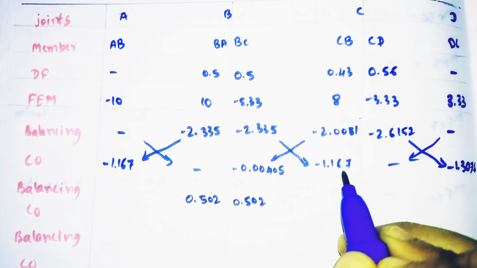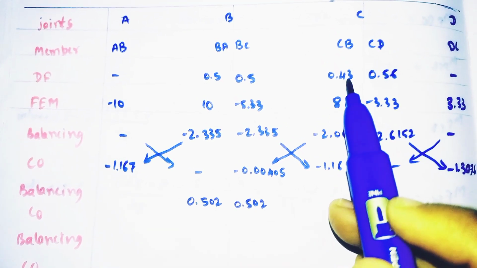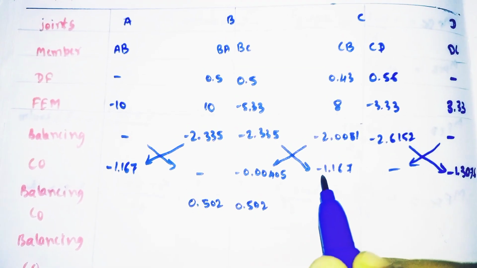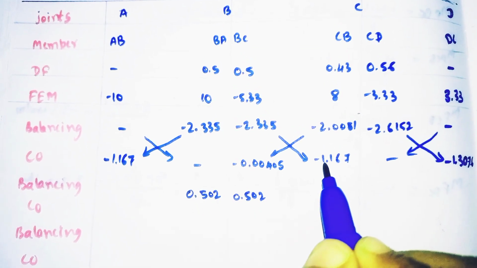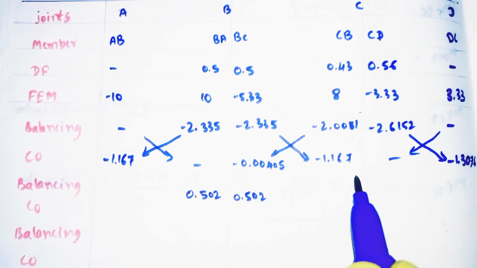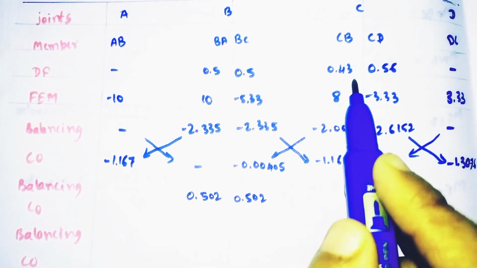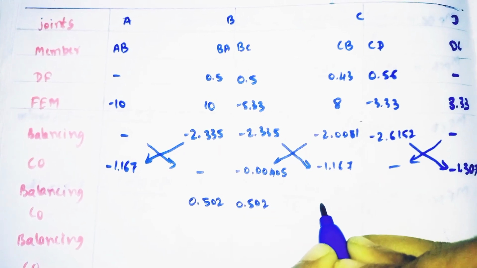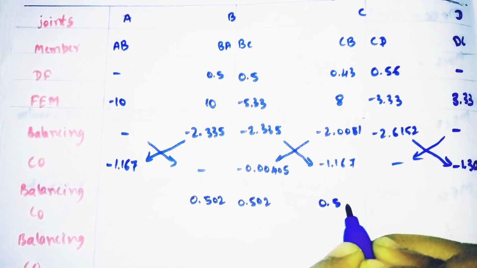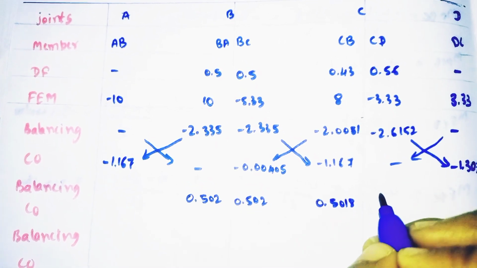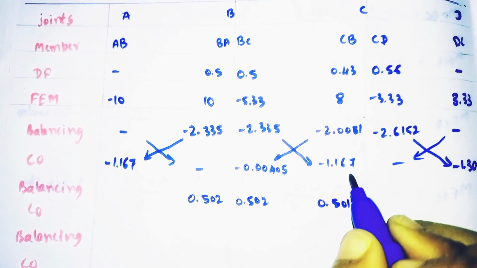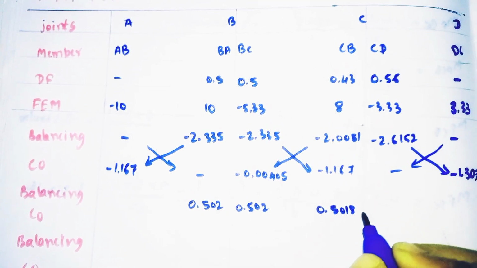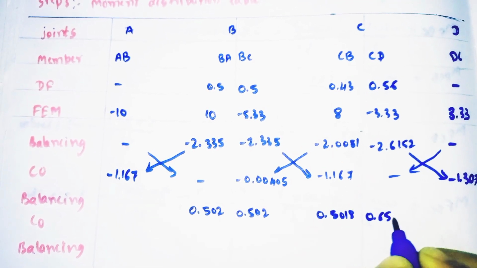Then multiply this value with the distribution factors, that is 0.43 as well as 0.56. 1.167 into 0.43, we'll get the value of 0.5018. And if you multiply 1.167 into 0.56, we'll get the value of 0.6535.